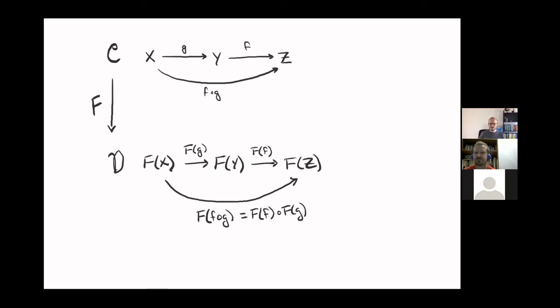So that's what makes it a functor: it preserves the way that things compose in the category. In the way that morphisms did with objects. Exactly. So it gives me a picture of each object in my new category and a picture of each morphism, and that has to be consistent with the way that it worked in the old category. Right. Okay, great.